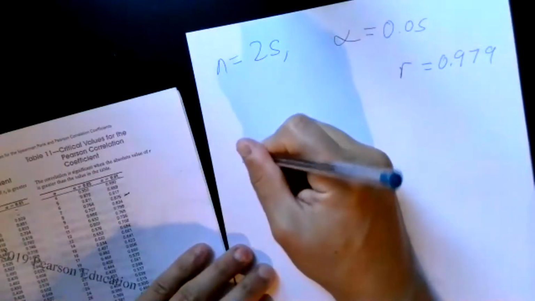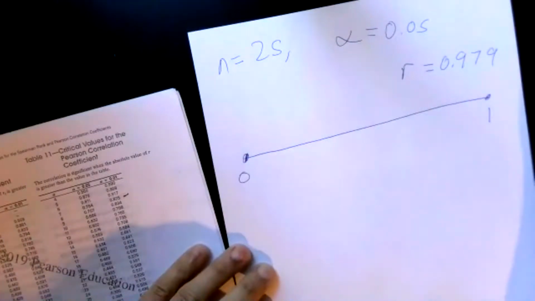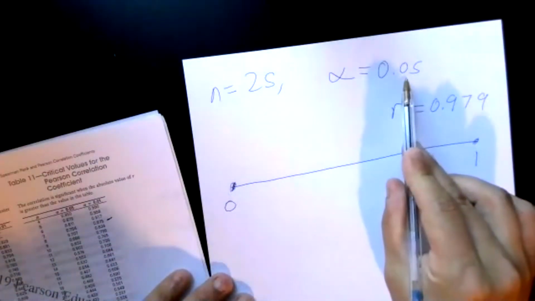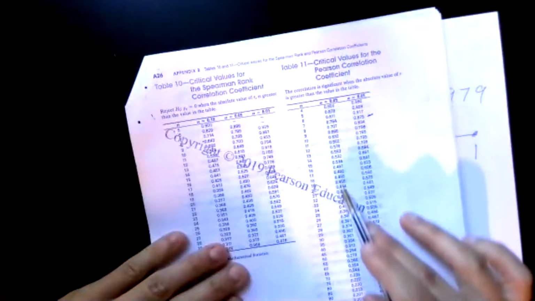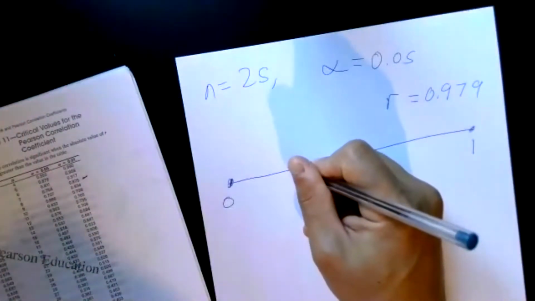So again, let's draw a picture. Here's 0, here's 1. We need to find the critical value that is the cutoff. There are 25 pairs of data. The alpha value is 0.05. If we go to the table, 0.05, go down to 25, 0.396, which should be over here somewhere.